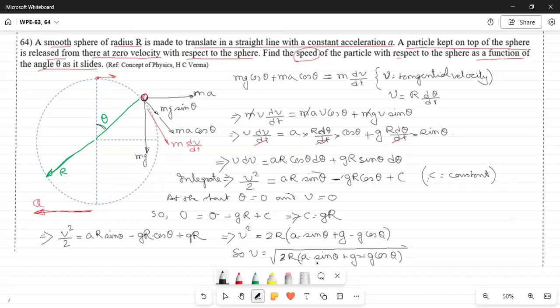Now, this completes this chapter of work energy power. But I am inclined to make a comment from myself, because I have seen that in this textbook, at the end of every chapter, there are some numerical problems based on too much of theoretical calculation.